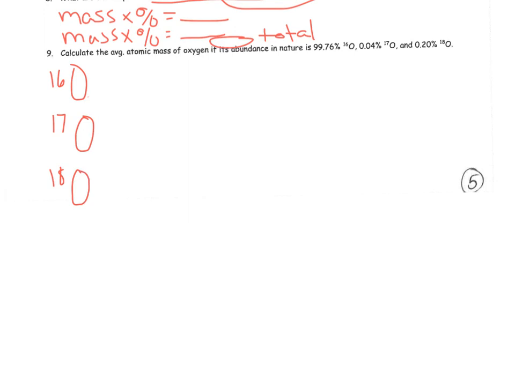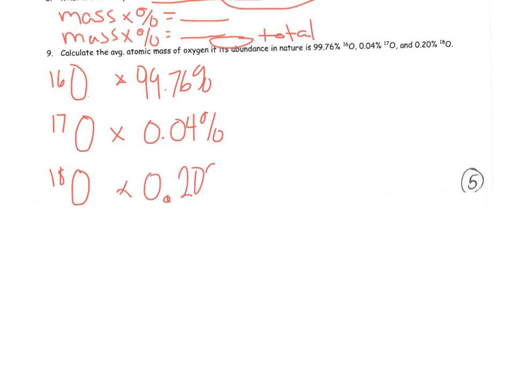It says that oxygen 16 is 99.76% of the oxygen on the planet. Oxygen 17 is 0.04%. And oxygen 18 is 0.20%.